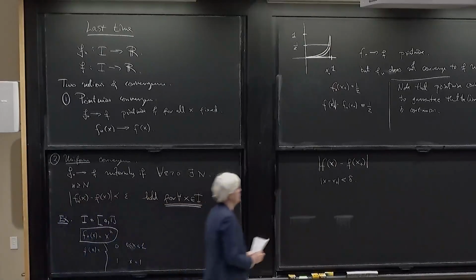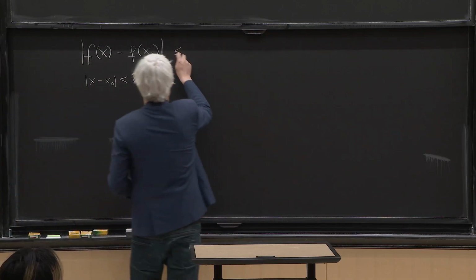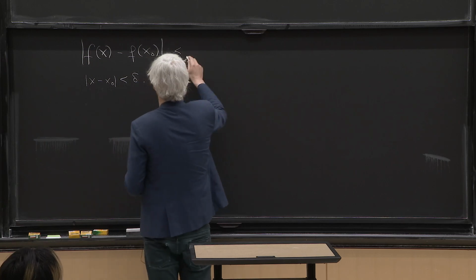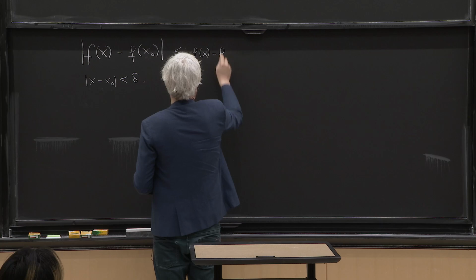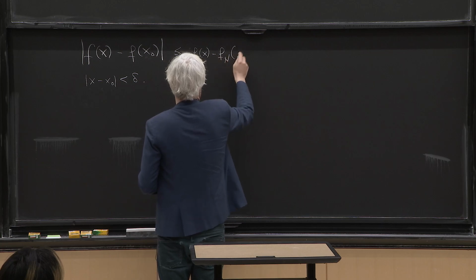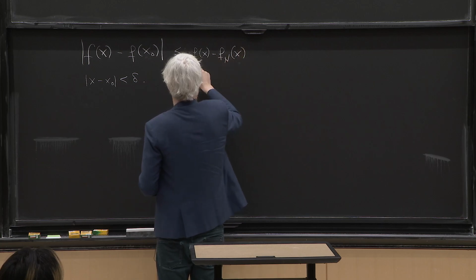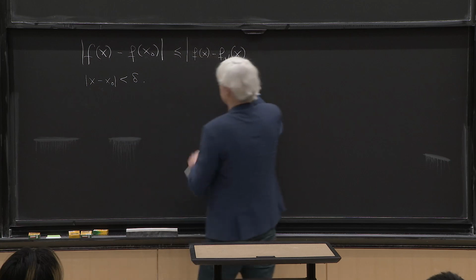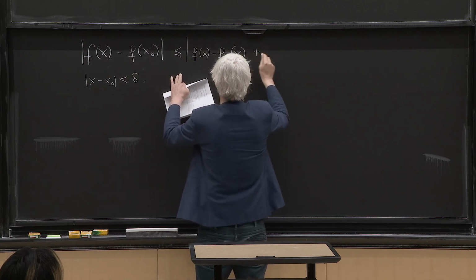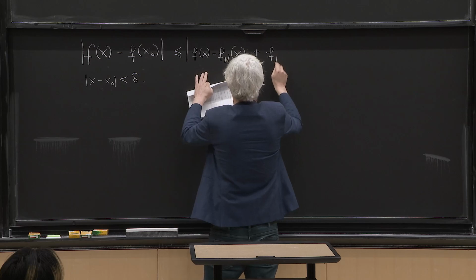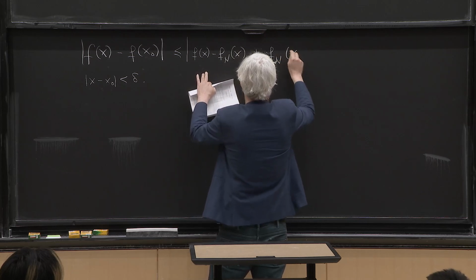And now we use the triangle inequality. So this difference here, you may as well think about this one and compare it with the value at the same point. I'm just writing this difference down as a sum of things, and afterwards I use the triangle inequality.